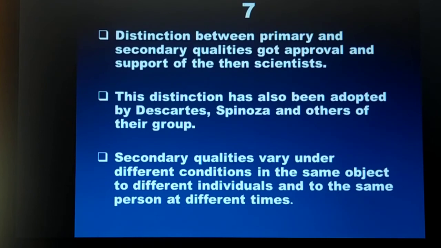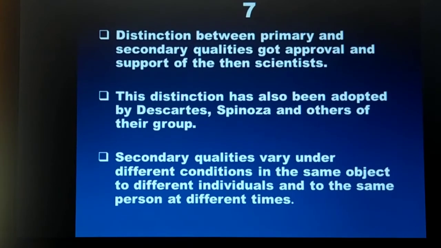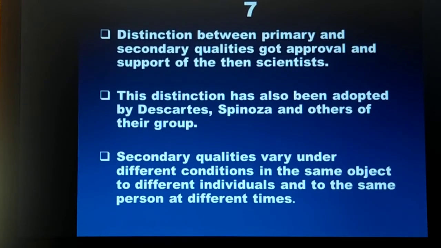The distinction between the primary and the secondary qualities got approval and support of the then scientists. We know this one. The scientists approve the concept of John Locke. Therefore, his theory is known as scientific realism.